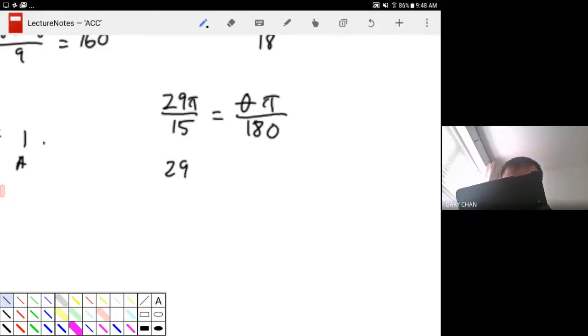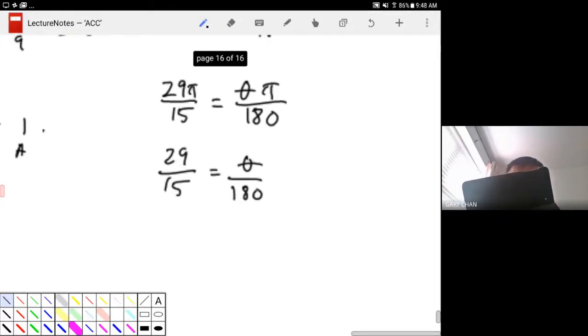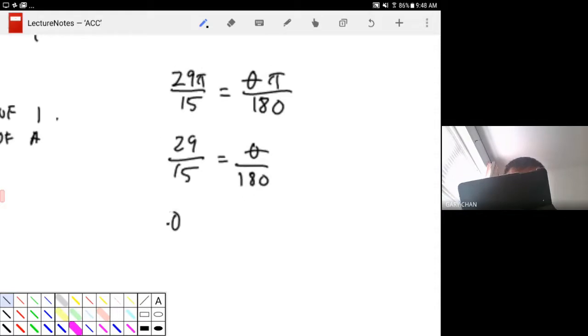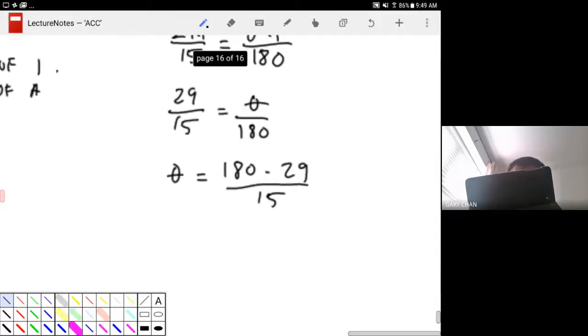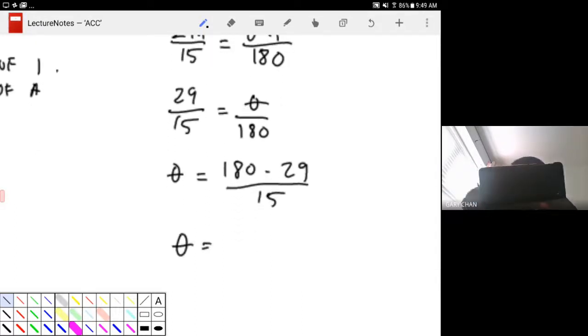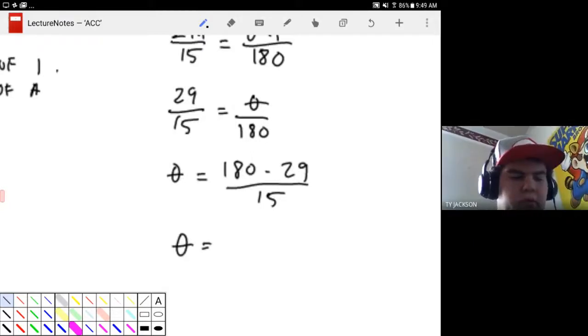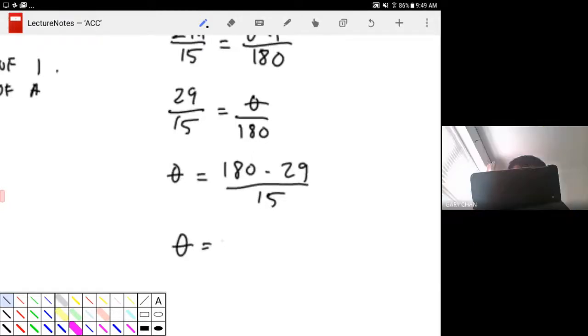We got 29 over 15 is equal to theta over 180. We can cross multiply. So Ty, what do you end up with as a result? That would equal 348. Nicely done.